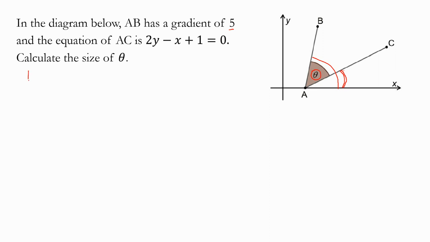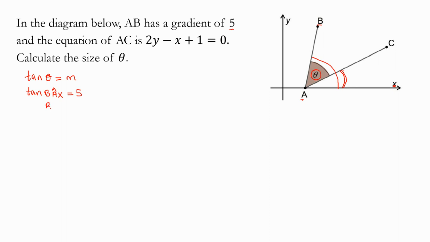Remember that tan theta is equal to m, the gradient. We're given the gradient for AB, so let's find our angle BAX. Tan BAX is equal to 5. How do we find the angle?